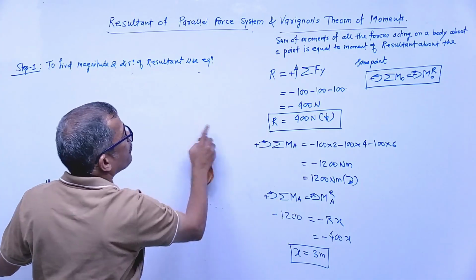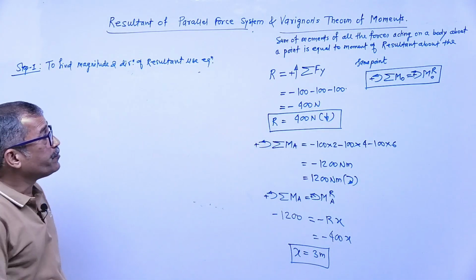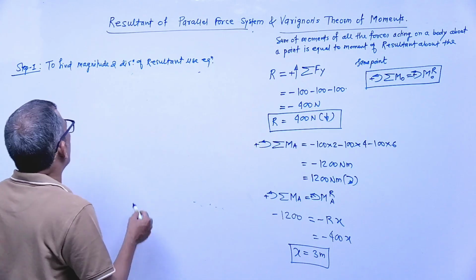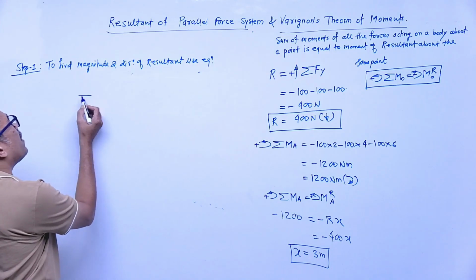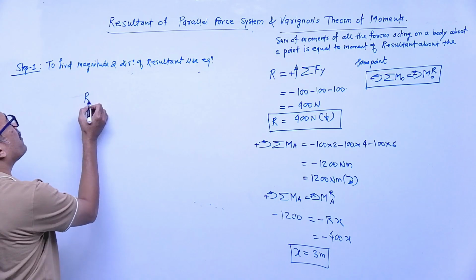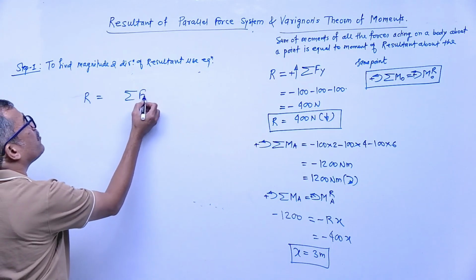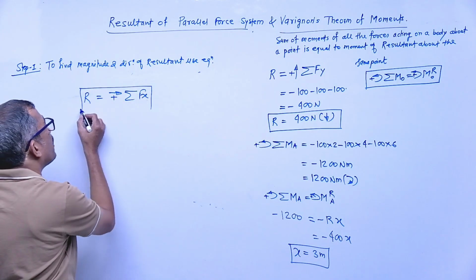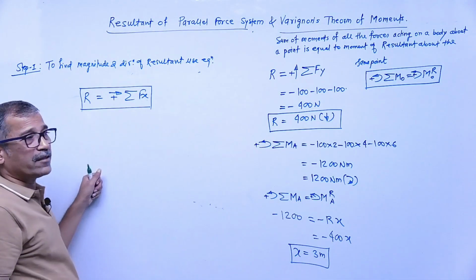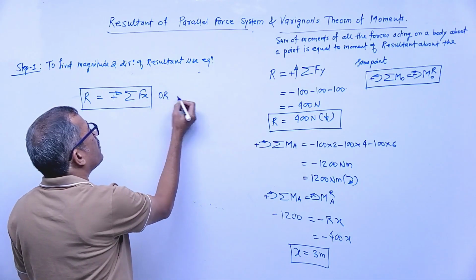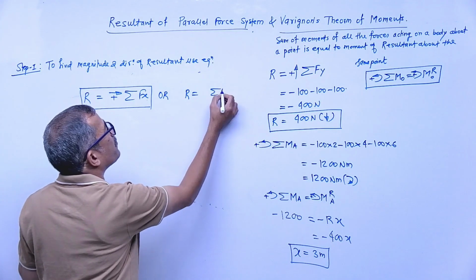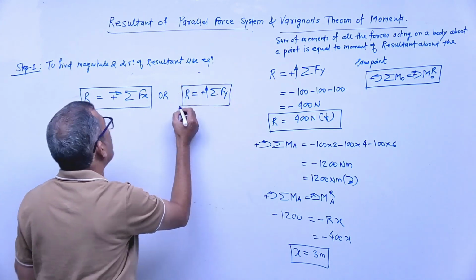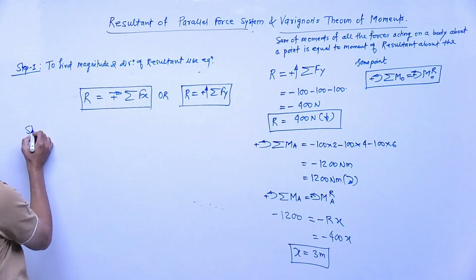Here R is the summation of Fy, because all were vertical. If there are horizontal forces, we will apply the equation along the x-axis. So R equals the summation of Fx, assuming rightward force is positive. If all forces are horizontal, R is the summation of Fx, and if all forces are vertical, then the summation of Fy. Using this we get the magnitude and direction of resultant, which is step number 1.